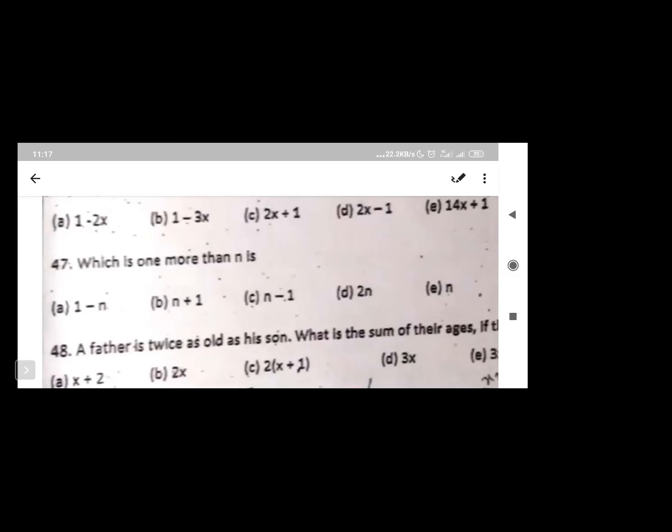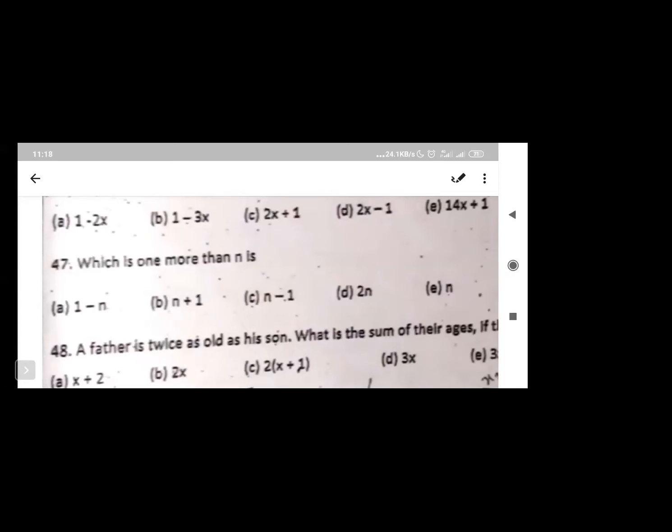You all answered that it should be 6. It means 6 is more than 5 by just 1. And I also asked, what is 1 more than 12? You also said in your mind that it is 13. 13 is 1 more than 12.